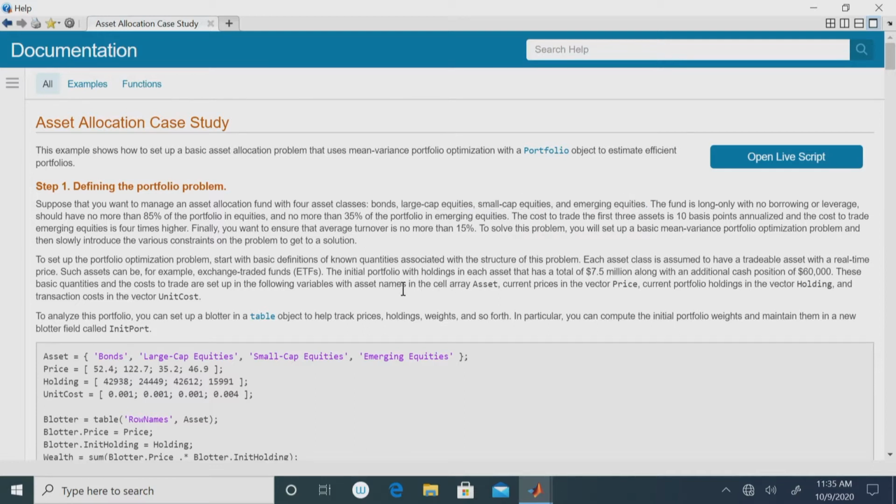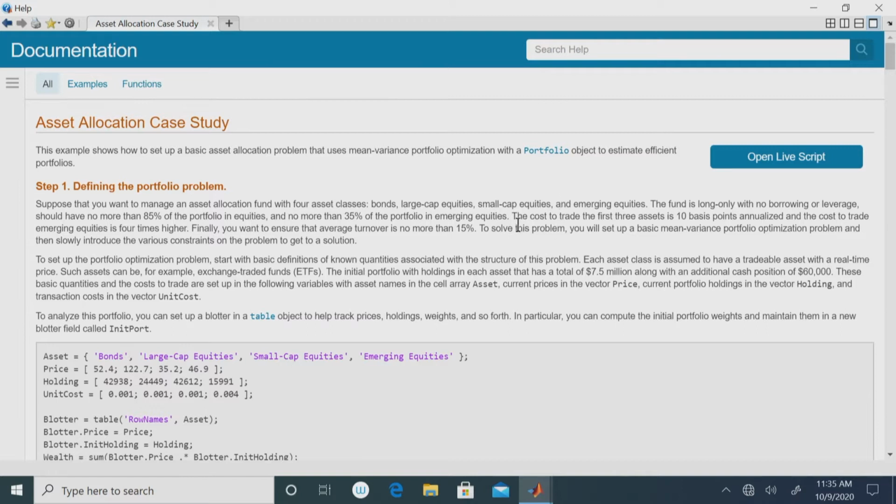Also, in order to ensure that the risk exposure is somewhat limited, out of the total amount of money that you have, at most 85% can be invested in the equities. So, the total amount of money that you invest in the large cap, small cap and emerging equities combined cannot be more than 85% of your initial investment. And amongst the equities, where there is an upper cap of 85%, you cannot put more than 35% of the total amount in emerging equities.